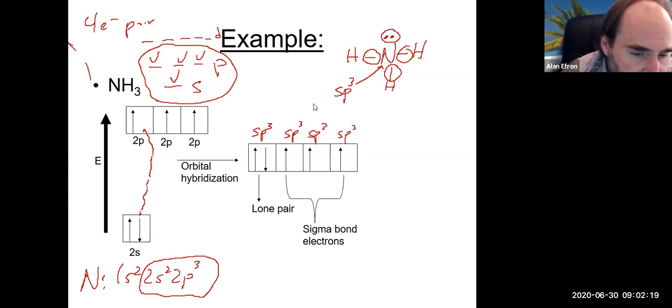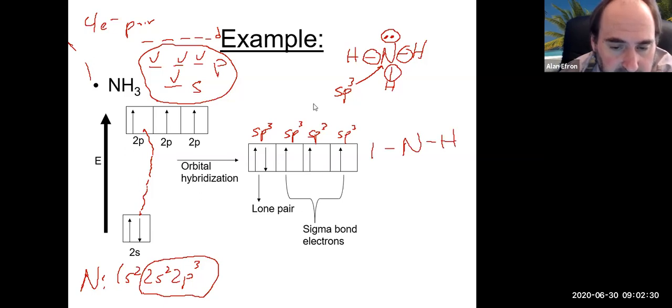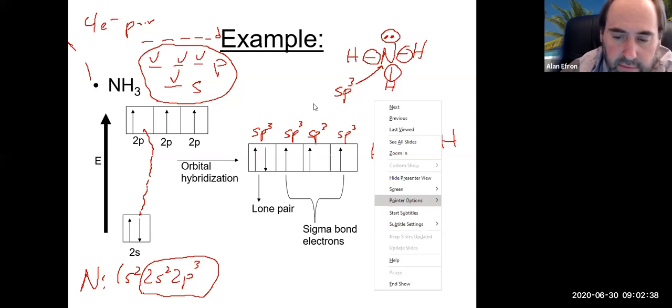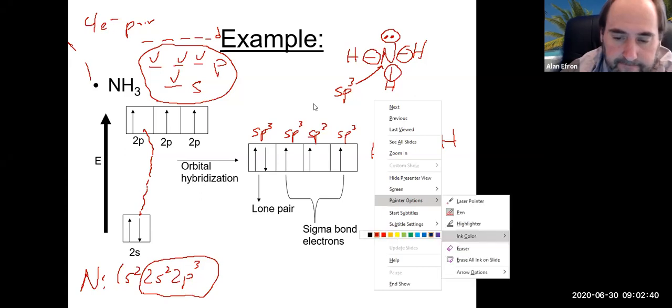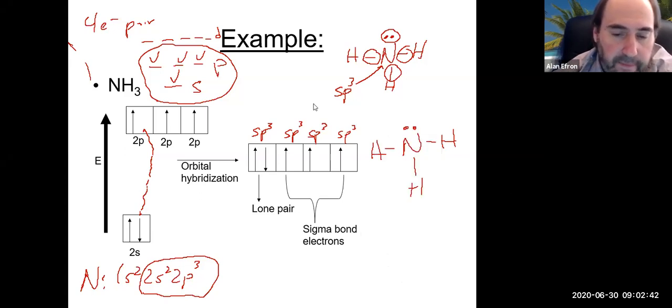And because of the hybridization process, let's talk about what all these electrons represent on our NH3 molecule. So we draw our NH3 next to it. And what I'll do is maybe grab a different color here. So let's just say, for example, each of these 3 hybrid orbitals has the ability to make a bond.